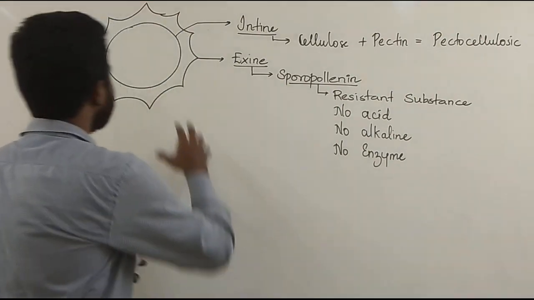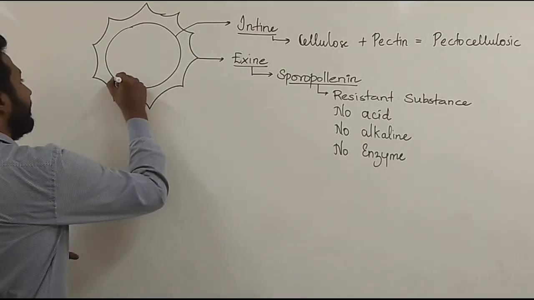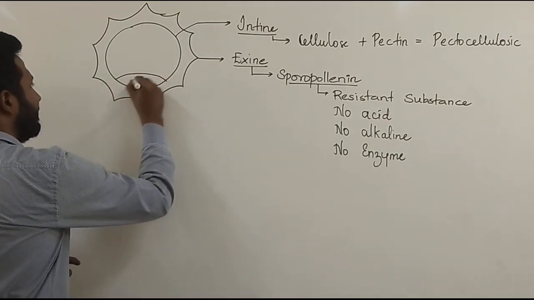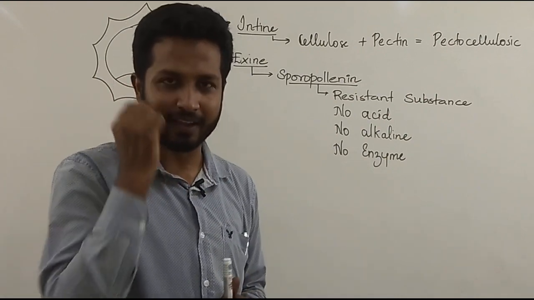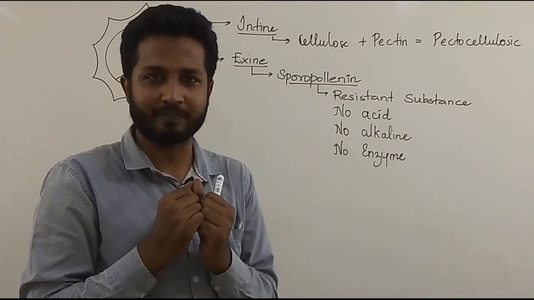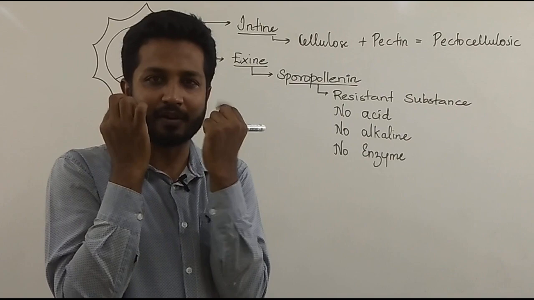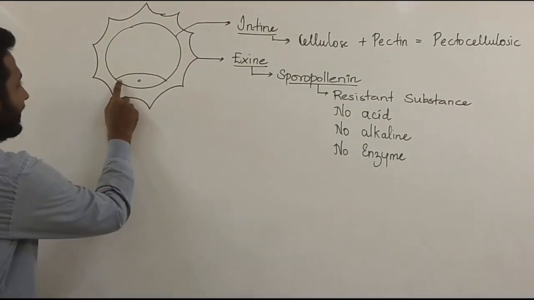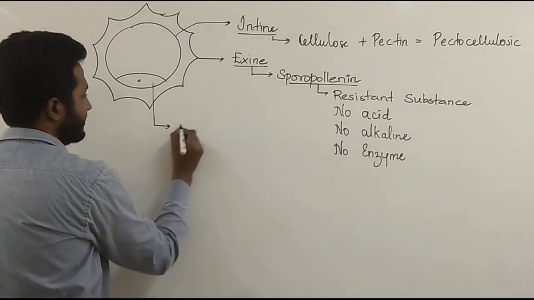Let us try to analyze the intine layer. In intine, we have an elliptical cell. Elliptical means structures which appear like your lips or your eye, tapering from either end and broad from the center. So similarly, you have an elliptical shaped cell called the generative cell.